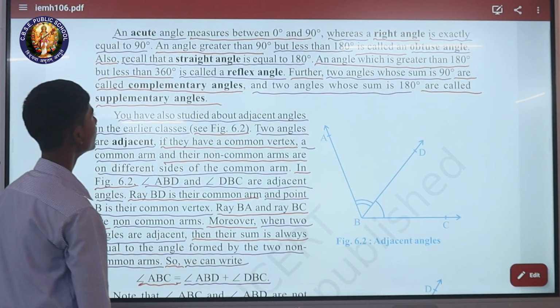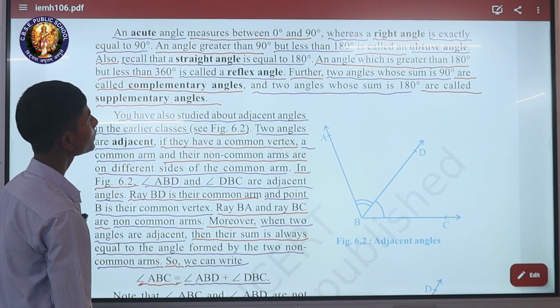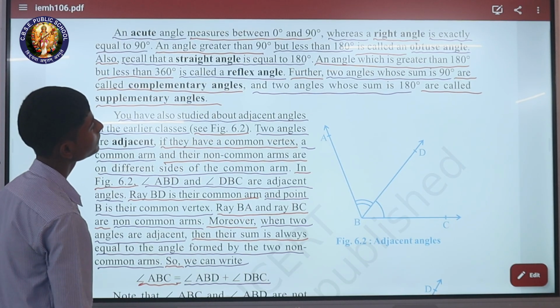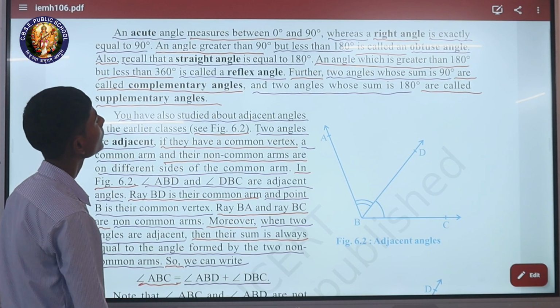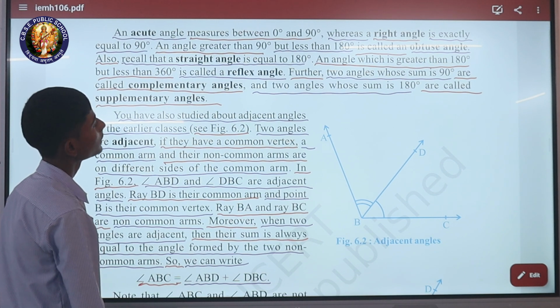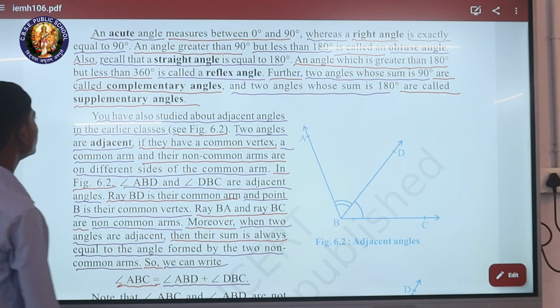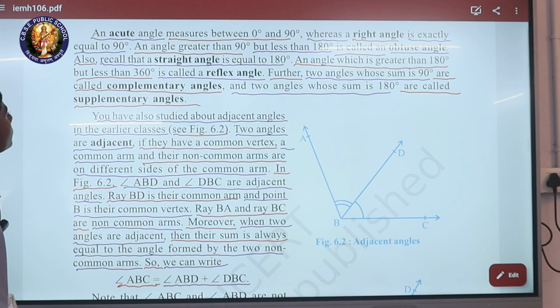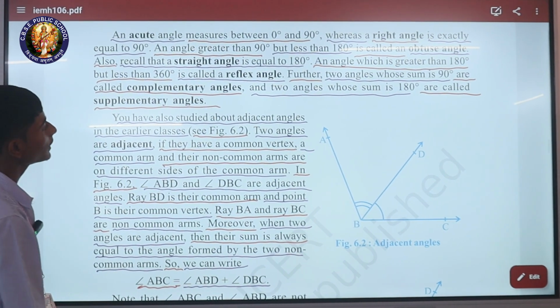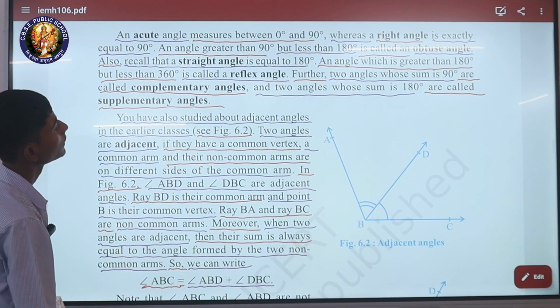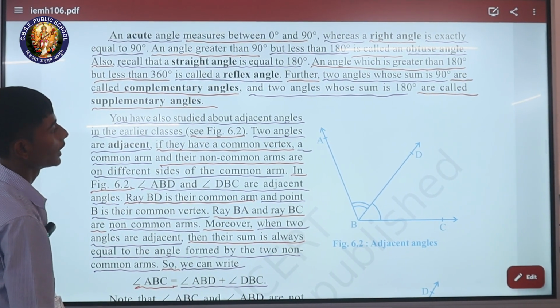An acute angle measures between 0 degrees and 90 degrees, whereas a right angle is exactly equal to 90 degrees. An angle greater than 90 degrees but less than 180 degrees is called an obtuse angle.